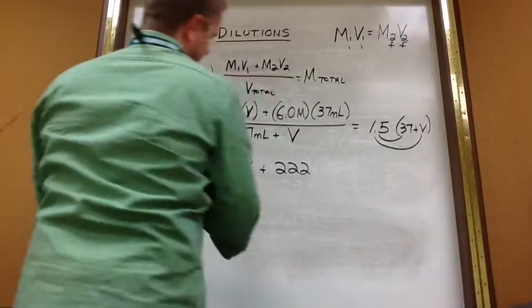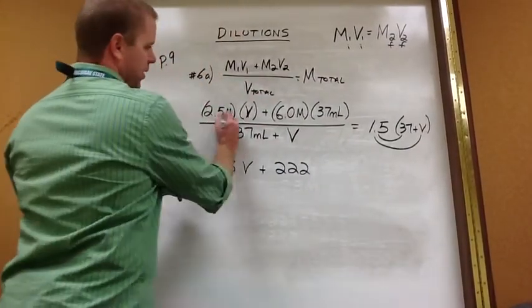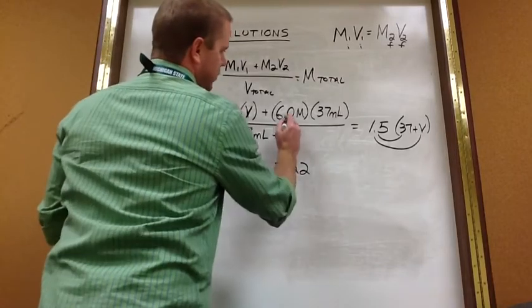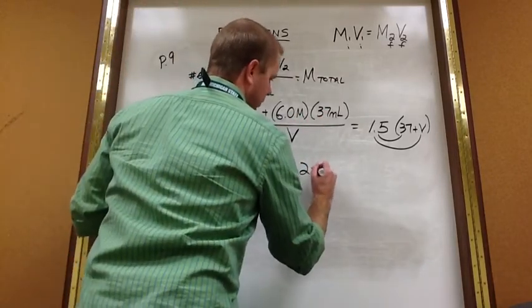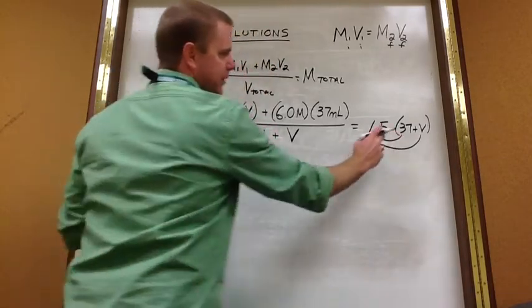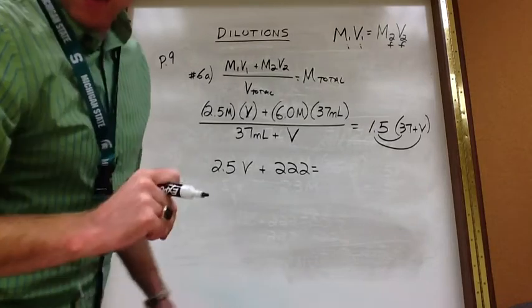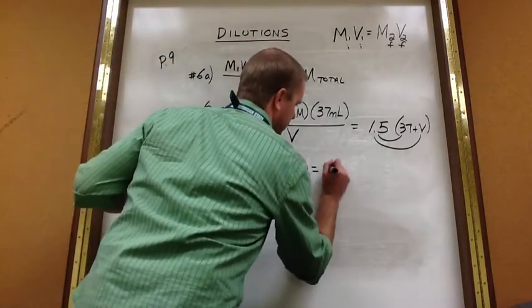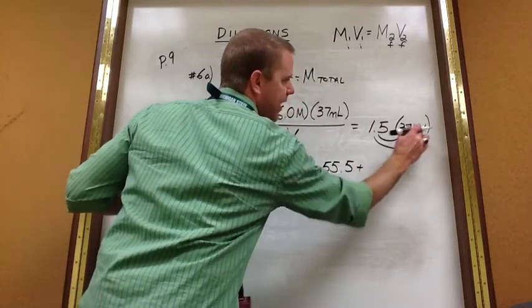Plus 222. Where'd that come from? First of all, this is 2.5 times V. 222 is 6 times 37. And that would be equal to, now remember, this is distributive property, so 1.5 times 37, which I believe is 55.5, and it is, plus 1.5 times V.